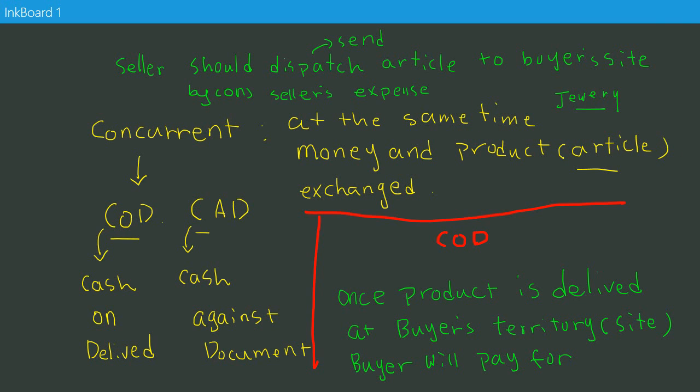COD requires the product to be delivered to the buyer's site, but this means not sending it directly to the buyer. Just deliver to the buyer's site and let buyers inspect the article.